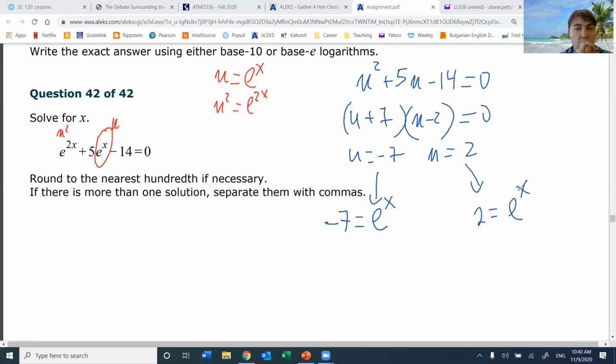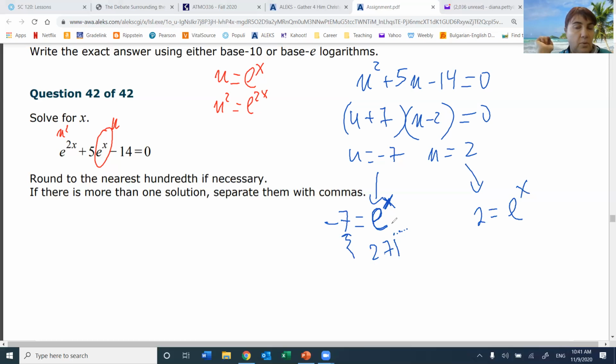actually cannot be solved, because if you think about it, e is a positive number, right? And x is just an exponent, so there is no way you can get a negative number right here, right? Because 2.71, no matter what you put here for the exponent, is never going to be a negative number.